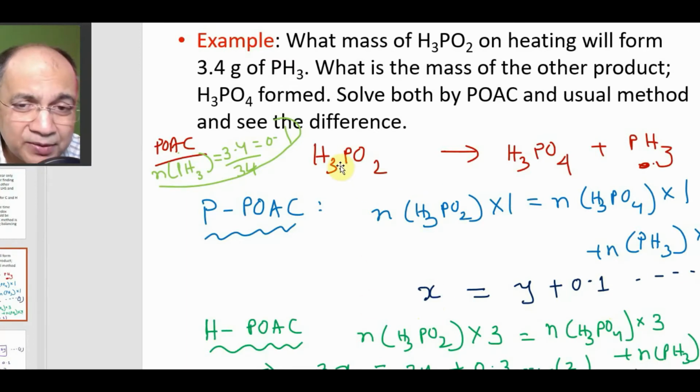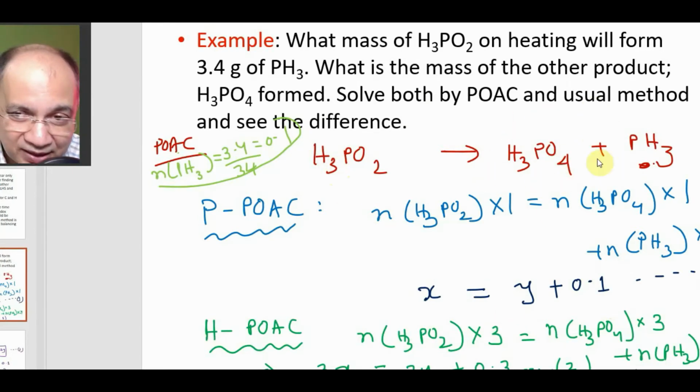Let us apply POAC to the hydrogen element. So number of moles of this into 3 is equal to number of moles of this into 3 plus number of moles of phosphine also into 3. So this is 3x, this is 3y, and phosphine again is 3 into 0.1, 0.3.